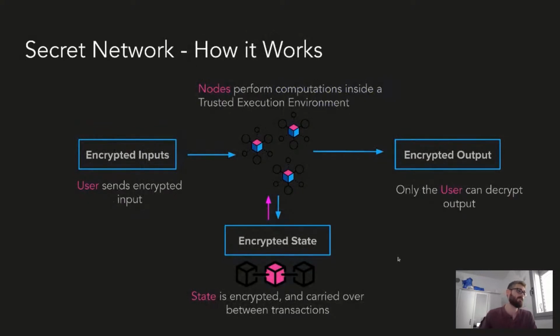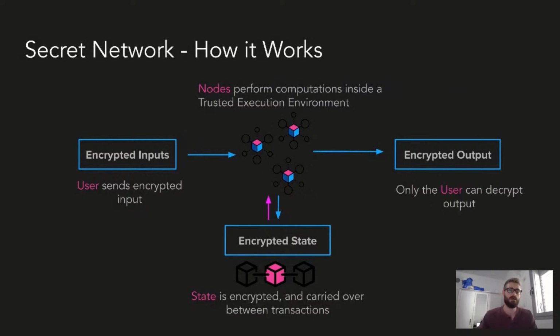On a very high level, the way it works is that we have the contracts running in the blockchain. The state of the blockchain itself is encrypted, and all the inputs and all the outputs of the blockchain, in and out, are encrypted. So I send encrypted input into the blockchain. Let's say I want to interact with a certain contract.